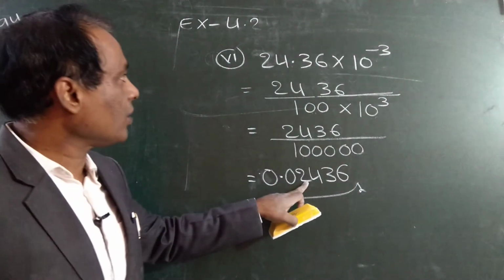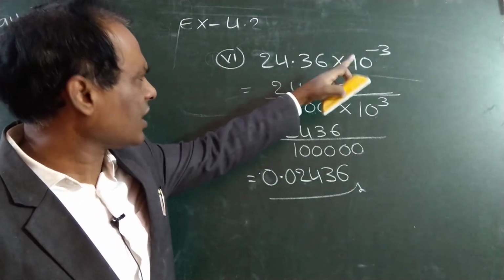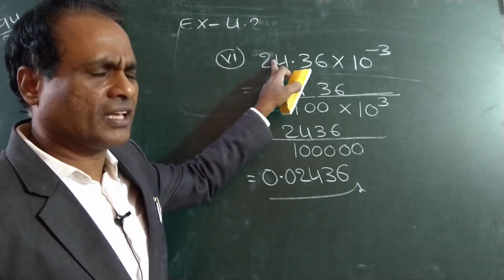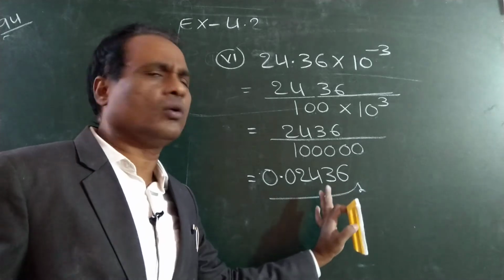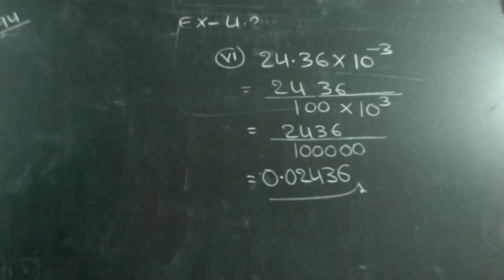This is the usual form. This is the normal, the standard form. Actually, standard form means the decimal should be here. But anyway, the total expansion and simplified value, usual form, we are asked.